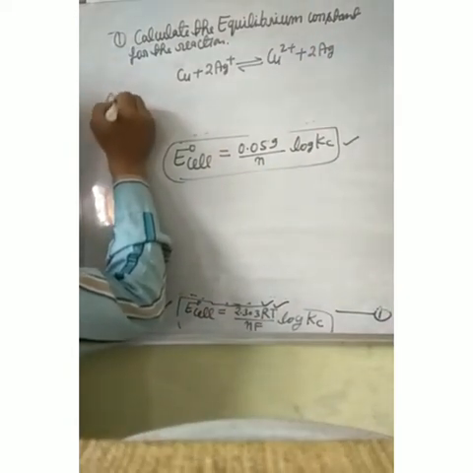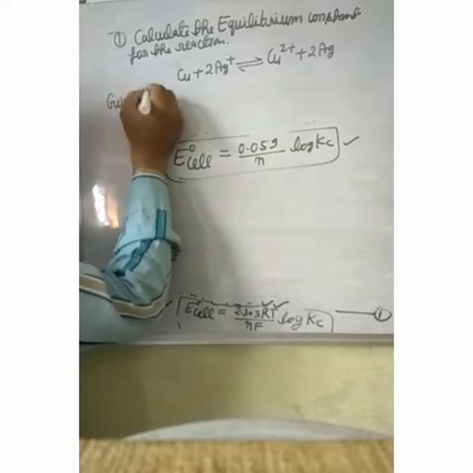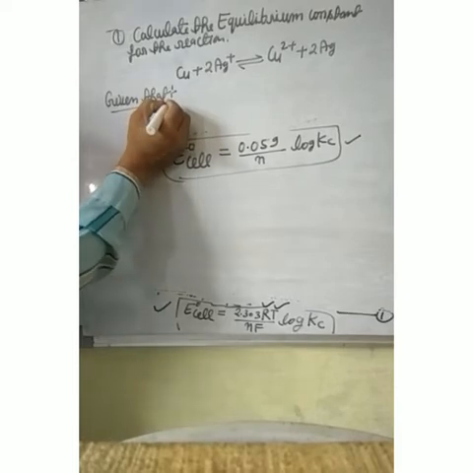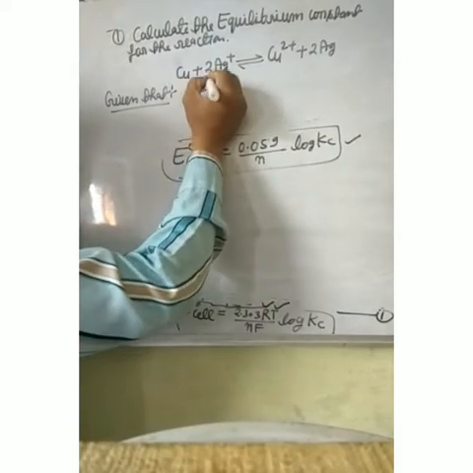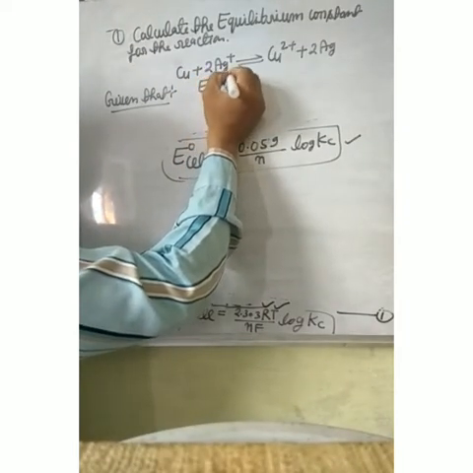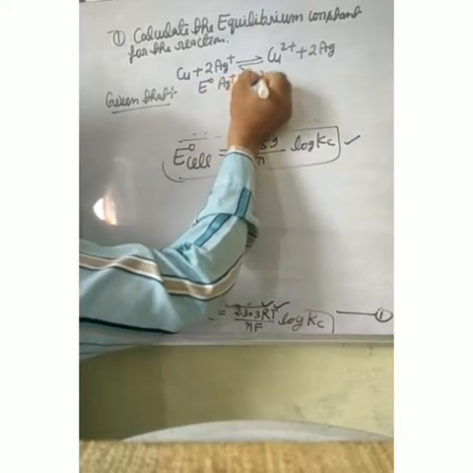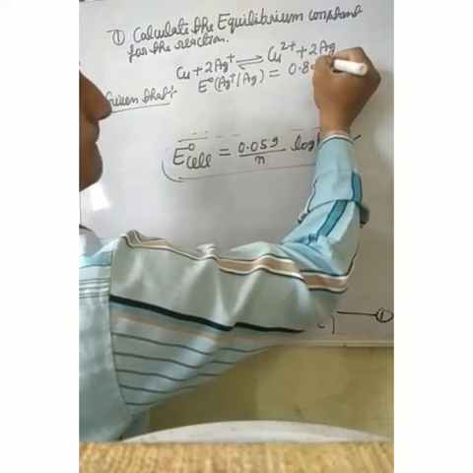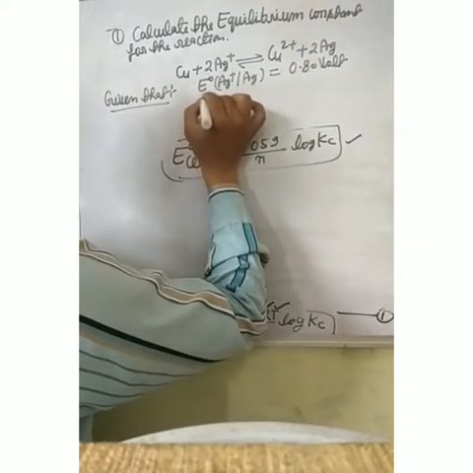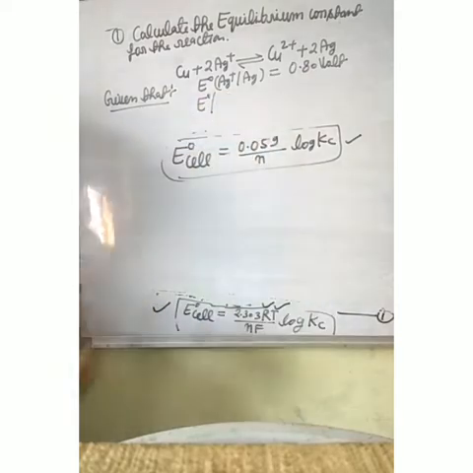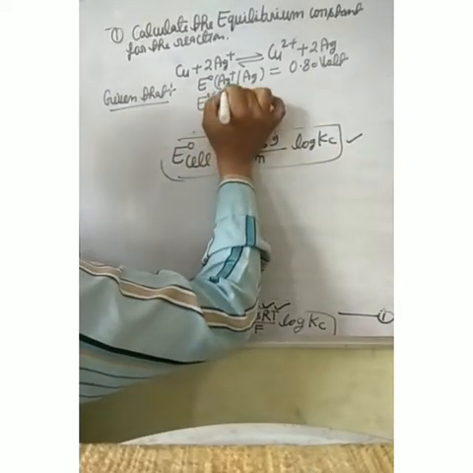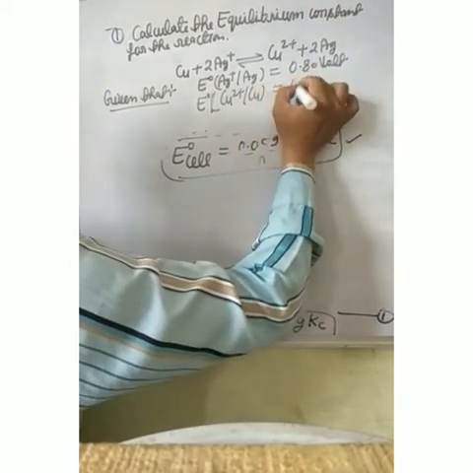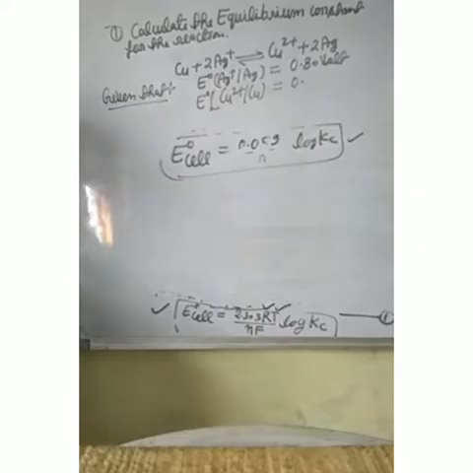Given in the question: E naught silver ion oblique silver is equal to 0.80 volt, and E naught copper ion oblique copper is equal to 0.34 volt.